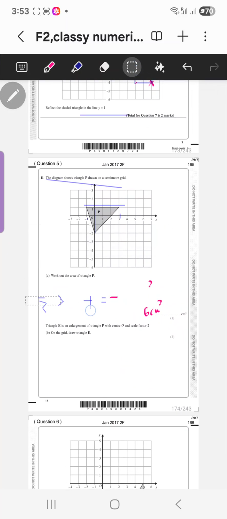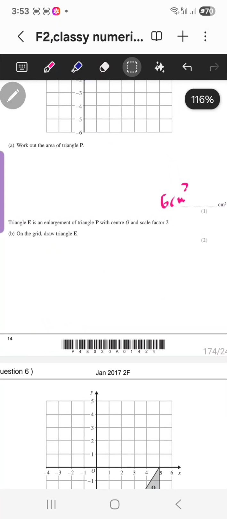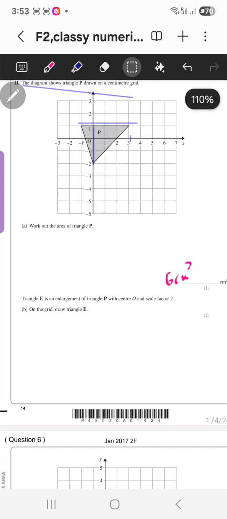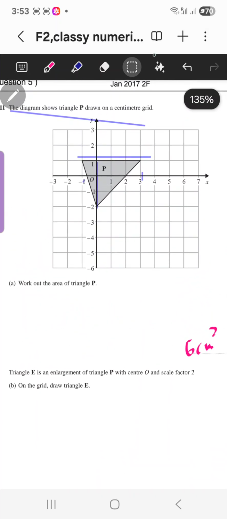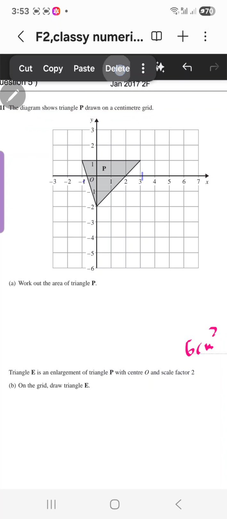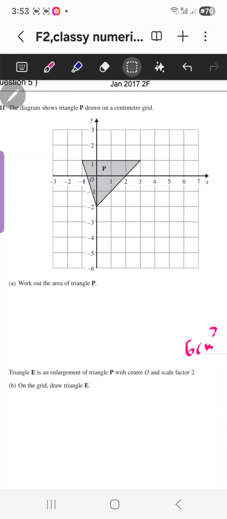And for triangle E, it is an enlargement of P about the origin by scale factor 2 on the grid. Draw E. So first of all, when we enlarge, I need to enlarge this P by scale factor 2.